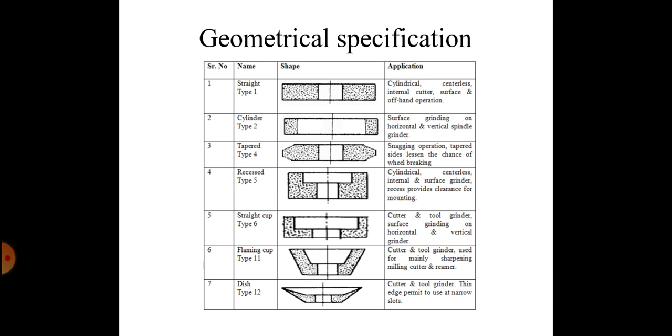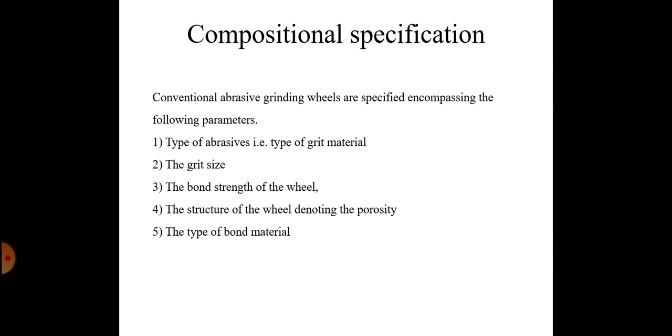Now we will see the compositional specification. This compositional specification has some parameters. First is the type of abrasive. Second is the grit size.